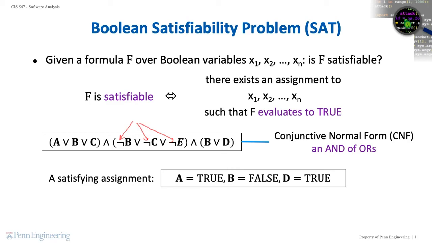The first clause evaluates to true since A is true in the given assignment. The second clause evaluates to true since B is false in the given assignment, which makes the literal not B evaluate to true. The third clause evaluates to true since D is true in the given assignment.